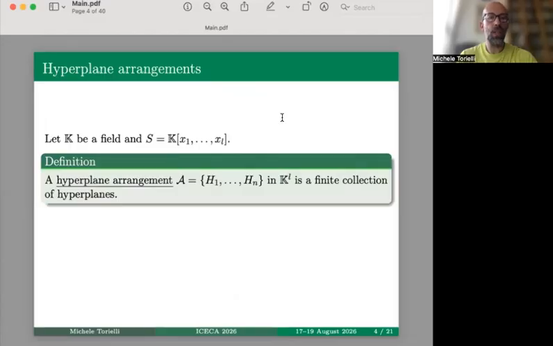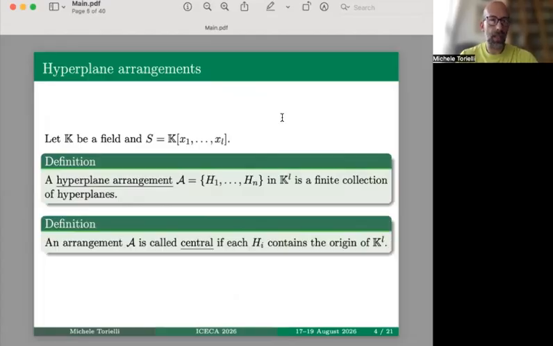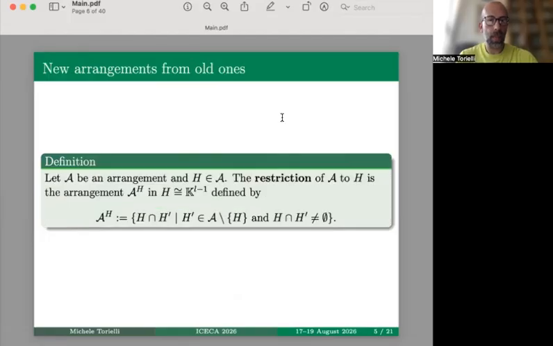Then I take S, a polynomial ring with l variables that I call x1 to xl. A hyperplane arrangement A in K^l is nothing else than a finite collection, in this case of n hyperplanes, each of them with an equation in S. An arrangement is called central if each hyperplane contains the origin of K^l. This can also be read from the equation of the arrangement, because an arrangement is central if and only if it's described by a homogeneous polynomial of degree n, if I have exactly n hyperplanes.